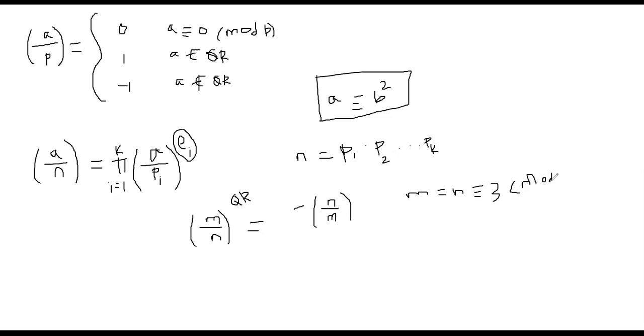If you have this relation true, then instead of computing the Jacobi symbol of m in group n, you will be doing n in m. If this property is not true, that is, m is not congruent to 3 or n is not congruent to 3 mod 4, then you will just do n in m without the minus in the front.